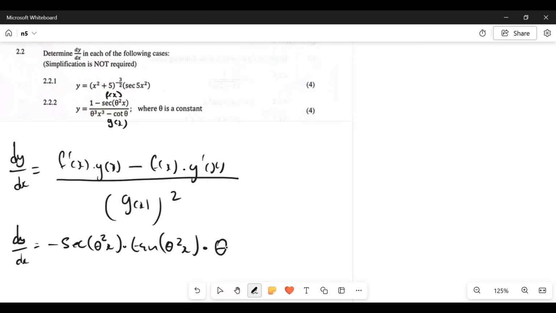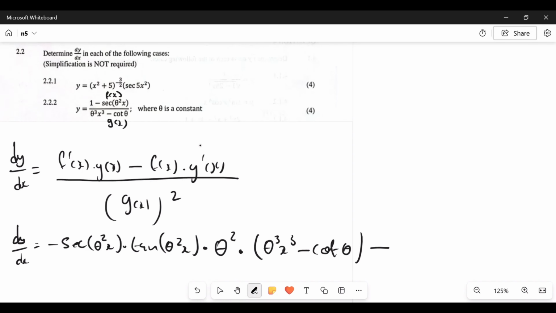This is going to be theta squared. There we go. Multiply. Remember, we need to multiply by g of x. So our g of x here is actually theta cubed x cubed minus cot theta. There we go. Then minus.